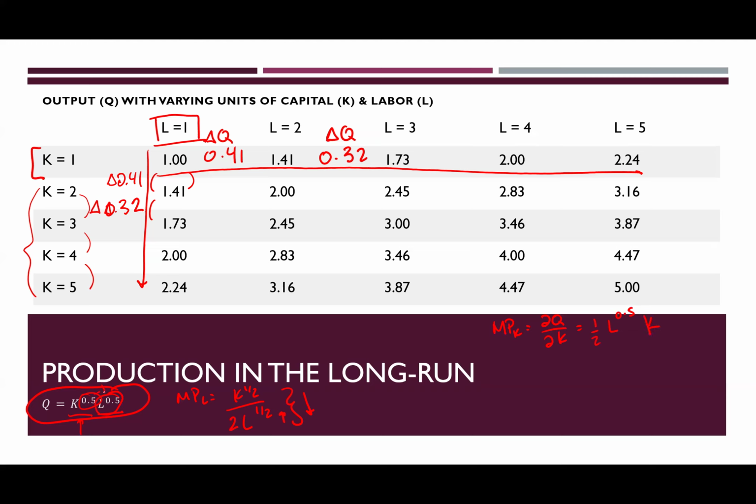And we're going to subtract 1 from that exponent. So we'll have 0.5 minus 1 in the exponent. That's going to simplify to 1/2 times labor to the 1/2 power times capital to the negative 1/2, which we can rewrite as labor to the 1/2 power over 2 times capital to the 1/2 power. And we see again, right, as capital increases, marginal product of capital is going to decrease overall, right? And that's being seen in the table.